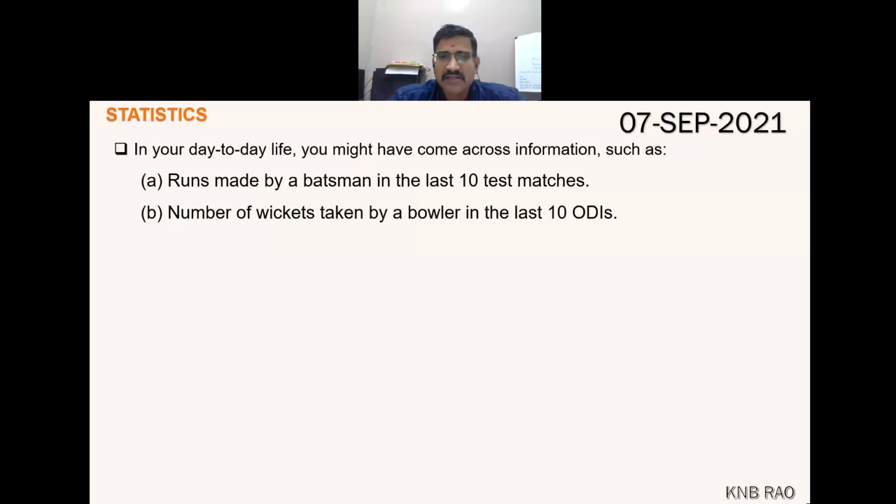Some sort of strategies we can make by watching his figures of wickets and run rate, meaning runs per over, and the overall average runs he has given. So we collect all these figures in our hand and then take a decision.